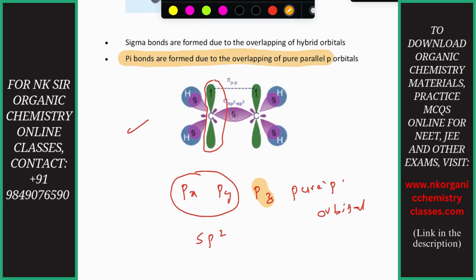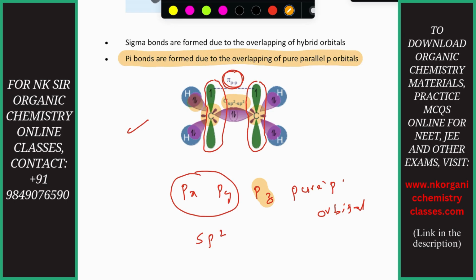You see here, when pure p orbitals overlap with each other, then a pi bond is formed. So here you see, this pure p orbital is overlapping with this pure p orbital, and in this way a pi bond is formed here. Whereas the sp2 orbital of one carbon is overlapping with sp2 of one more carbon, and here we get a sigma bond formed by sp2-sp2.